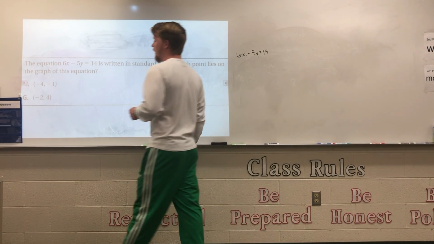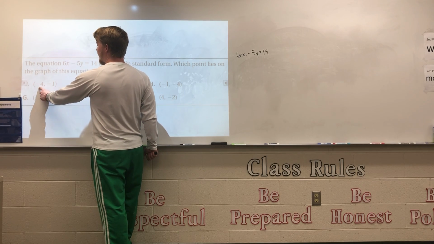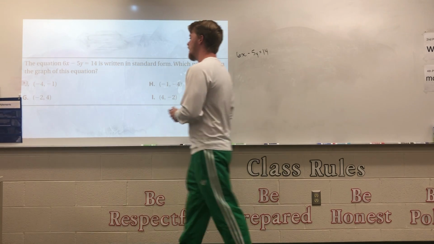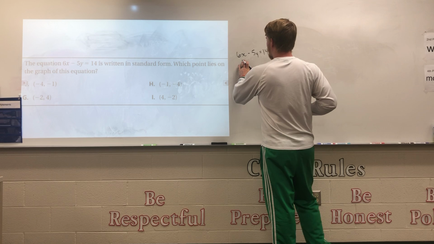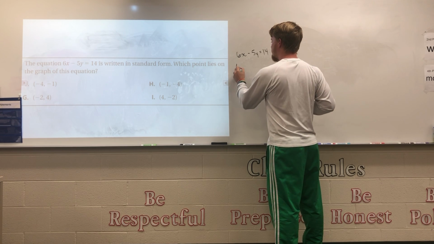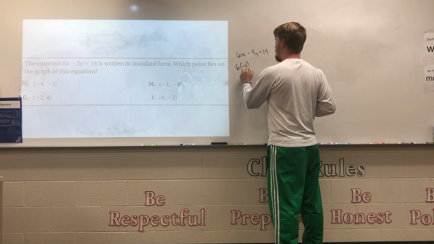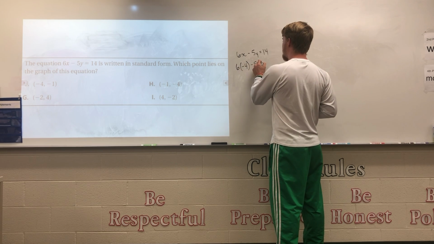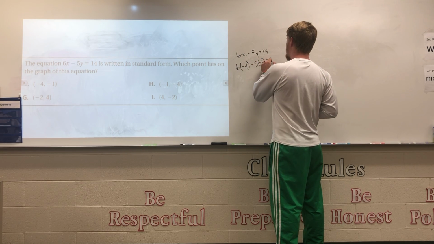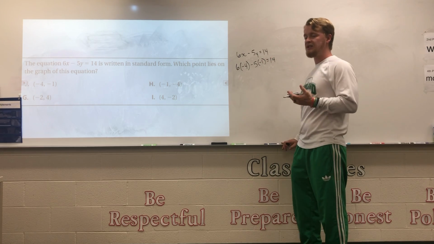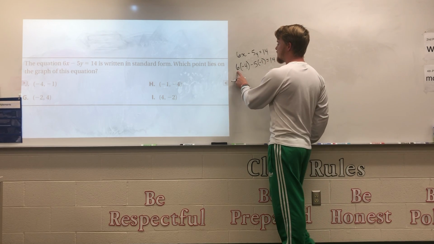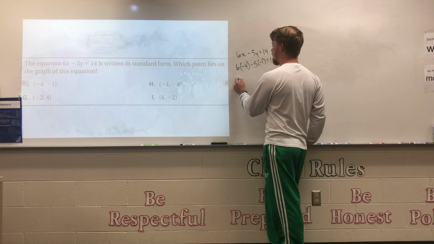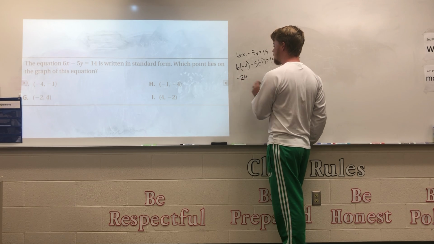So, for example, I'll just go choice by choice. -4, -1 means in place of x, I'm going to plug in -4. In place of y, I'm going to plug in -1. So now I'm just going to simplify. 6 times -4 is -24.